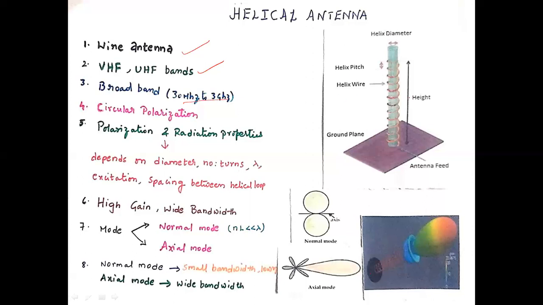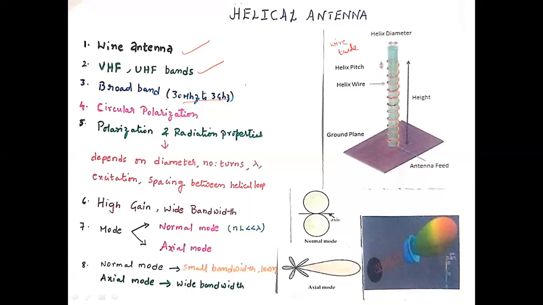Here I have just shown the structure of the helical antenna. This has a simple ground plane for support, and from this end we provide the antenna feed. This is the helix wire. The helix can be in the form of a wire or a tube, which is a conductor.